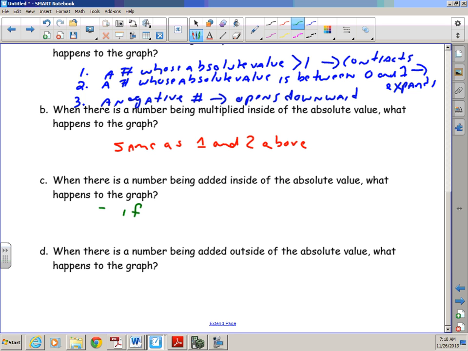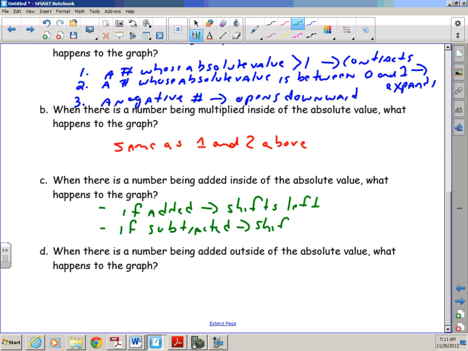If added, it shifts left, and if subtracted, it shifts right. Okay? And you're thinking about it as what's the value of x that makes my answer 0?